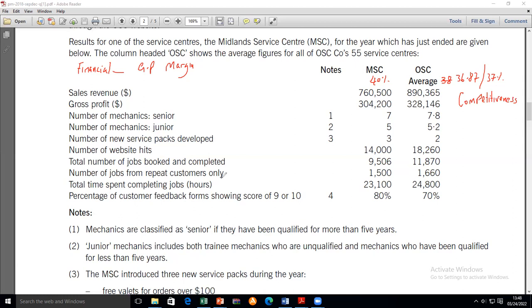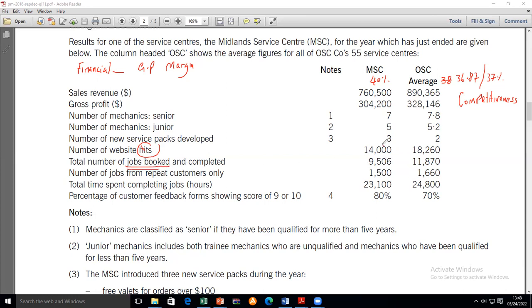So why do people come back to us again and again? Well, that can work. But there's even another one that can show how competitive you are. Number of website hits. I'm sure you understand the hits. Total number of jobs booked. So here, look at this.